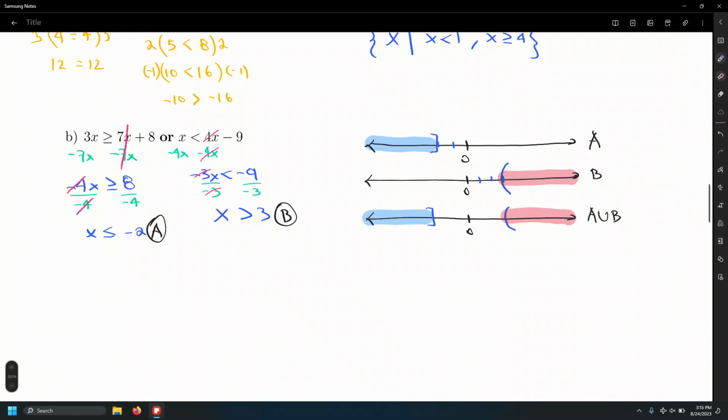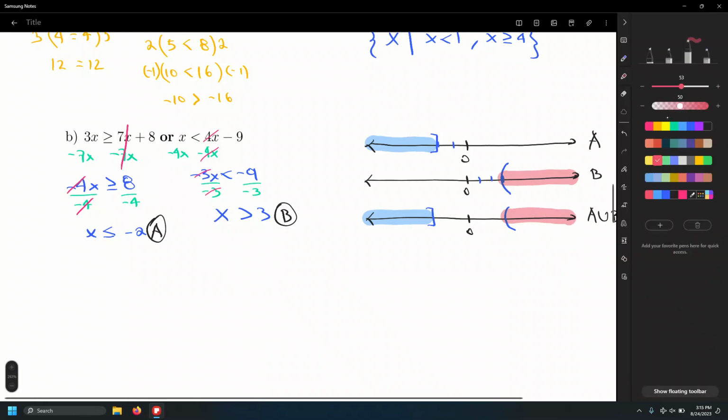Again, the key word here is or. Are we looking for the overlaps, or what are we looking for in this case? The union. Exactly, that's correct. So in this case, the elements that are in either A, B, or both, that is everything together.